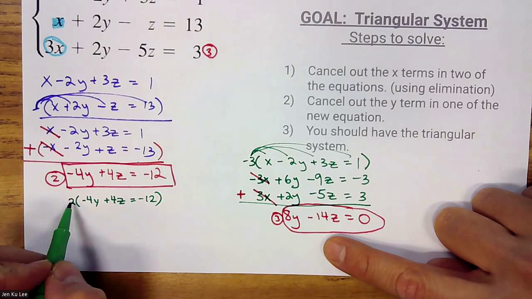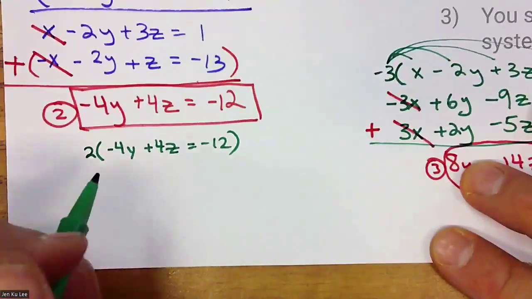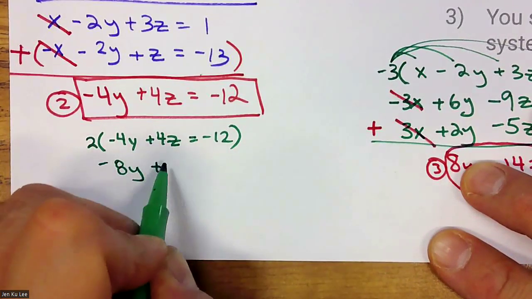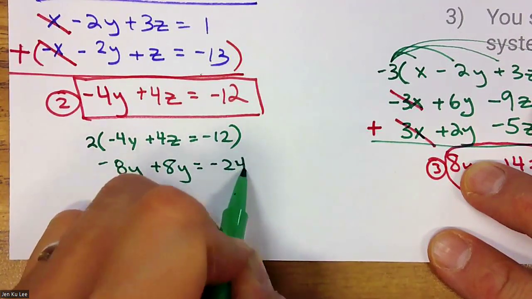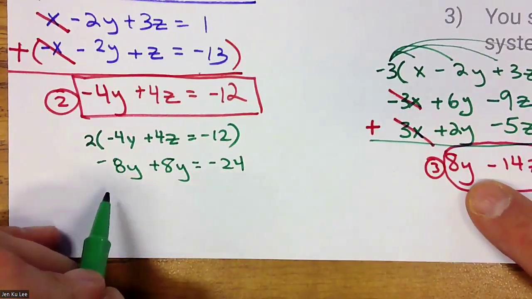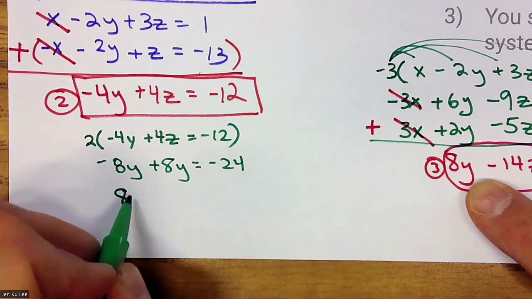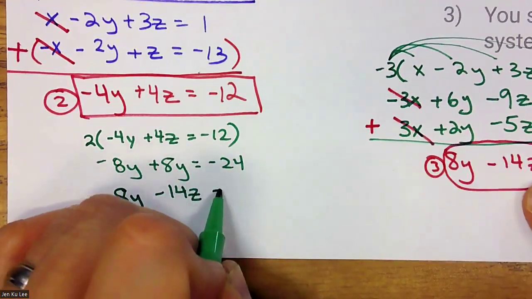Because if I multiply this by 2, I would get negative 8y plus 8z equals negative 24, right? And if I add the third equation, 8y minus 14z equals 0.